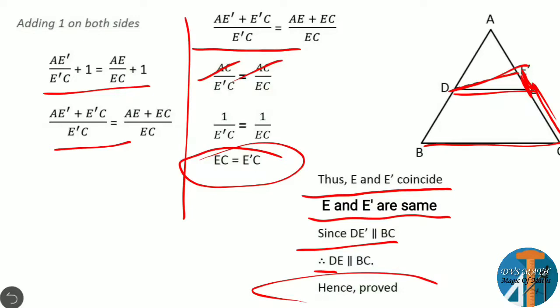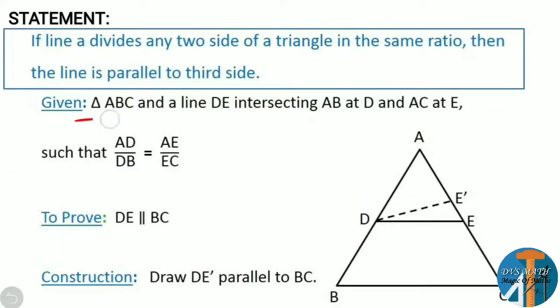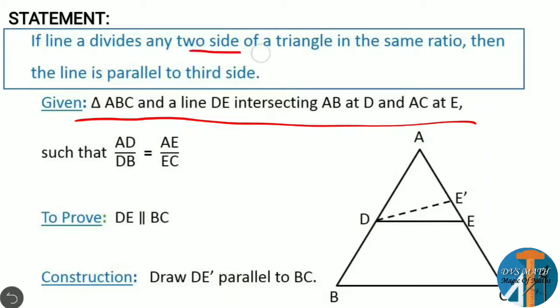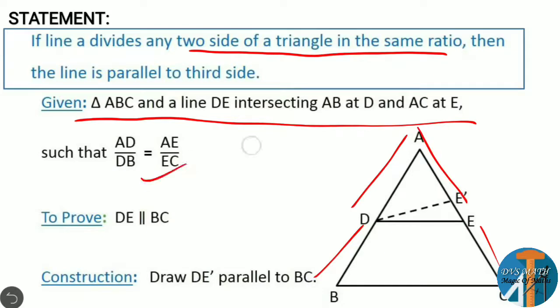So please understand it. First take data that is in triangle ABC and a line DE intersecting AB at D and AC at E, such that it divides the two sides in the same ratio, that is AD by DB equals AE by EC. This is data.